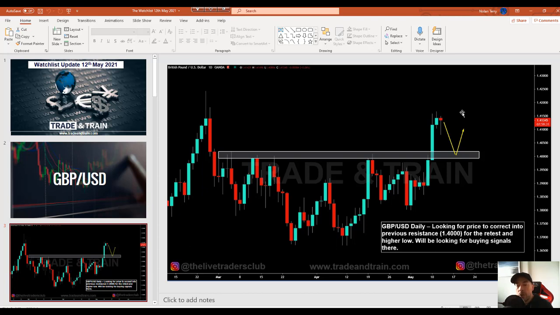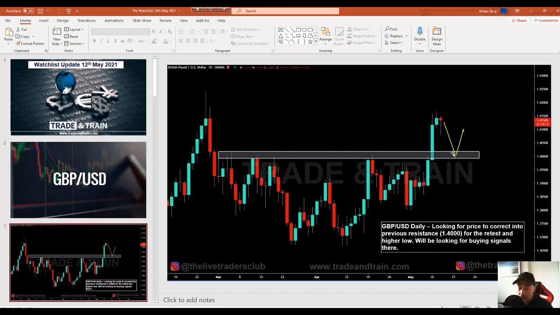So what we would now look for is price to come back and retest this 1.4 zone. What we'd expect to happen is that zone, that resistance, would now become support. It won't necessarily happen, but that's what we'd be looking for. We'd be looking for sellers to come in.